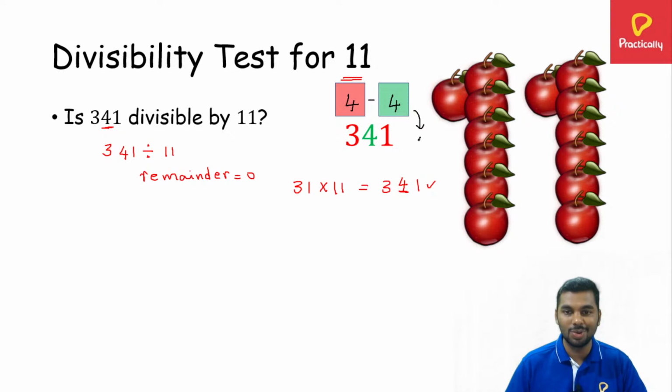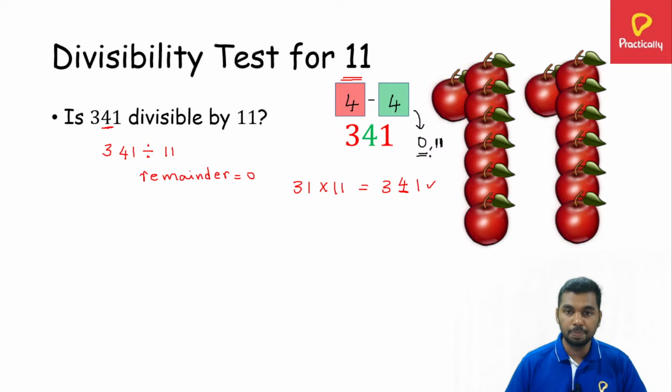Everybody knows by now, it is 0, right? So if you get 0 or 11 or any other multiple of 11, then the remainder of this number 341 on division by 11 is going to be 0.